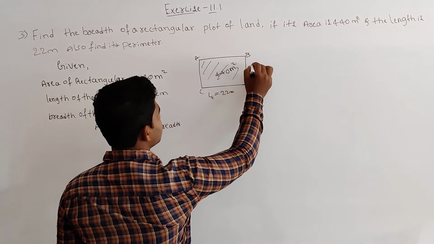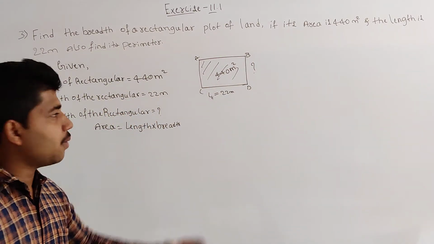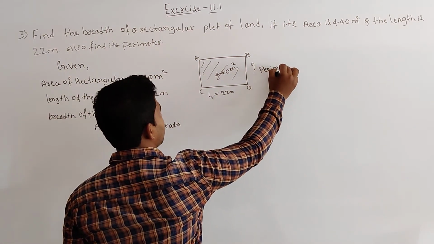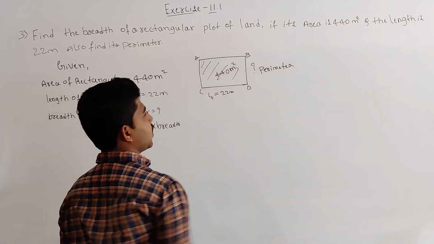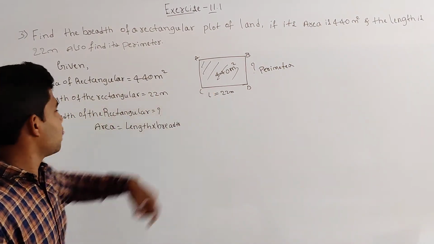They asked to find the breadth of the rectangle, and after that to find the perimeter of the rectangle. First, you should find the breadth of the rectangle.